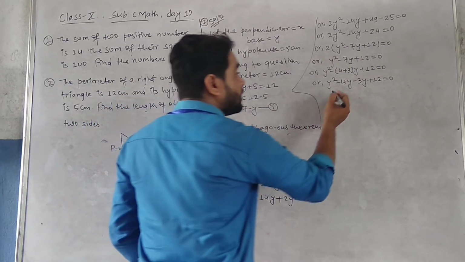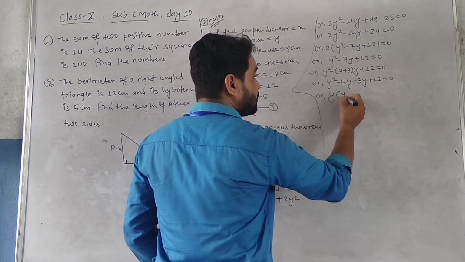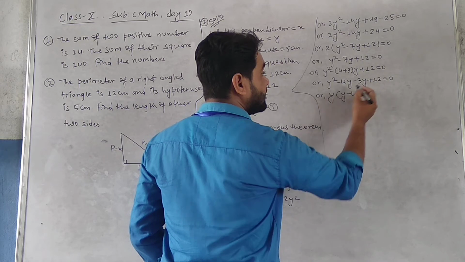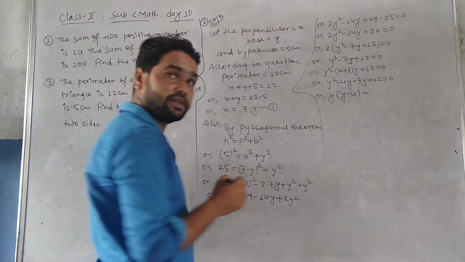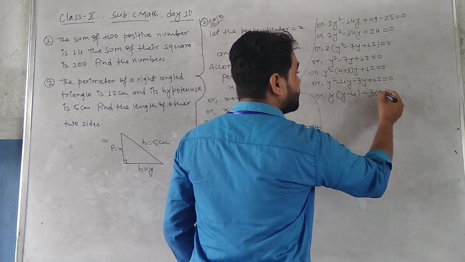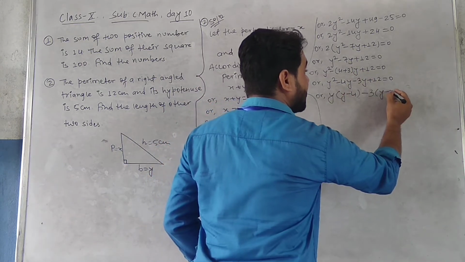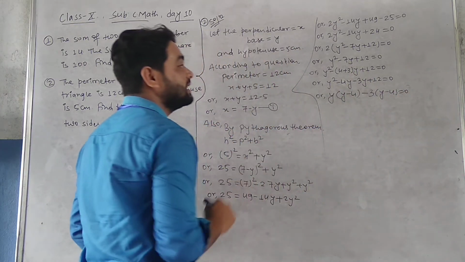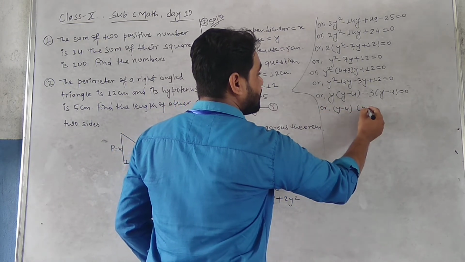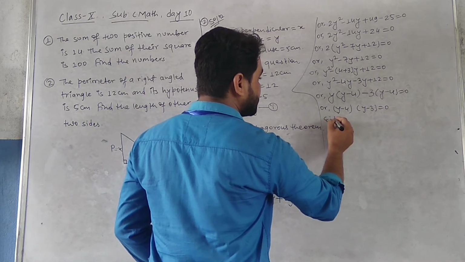Now take out the common factor from these two pairs. Taking y as common we get y minus 4, and taking minus 3 as common from the other pair, the sign changes and we get y minus 4. So (y minus 4)(y minus 3) equals 0.